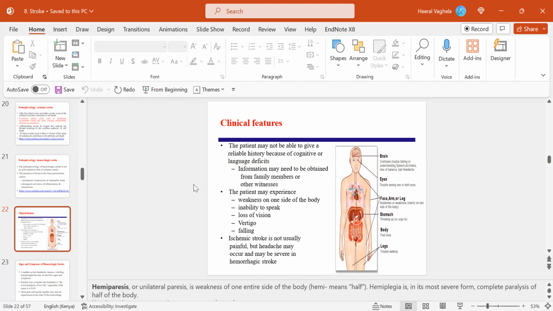Then vomiting, or inability to speak also. So when you see somebody having this, they're going through a stroke, so you take them to the hospital.